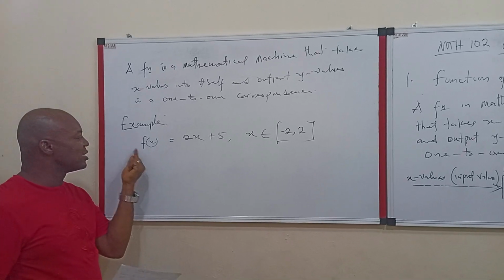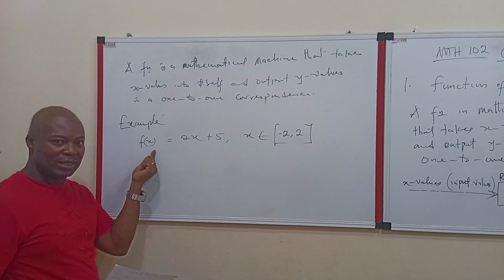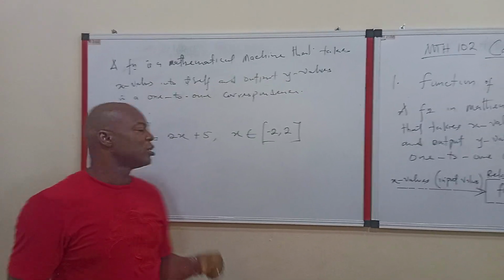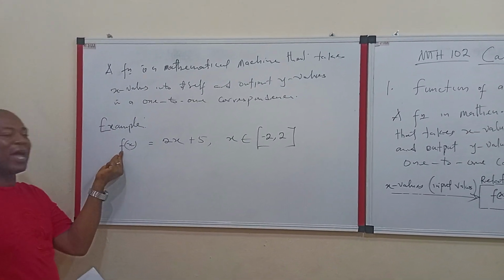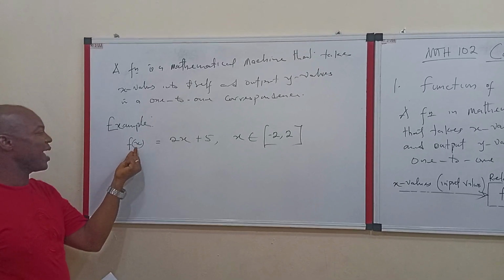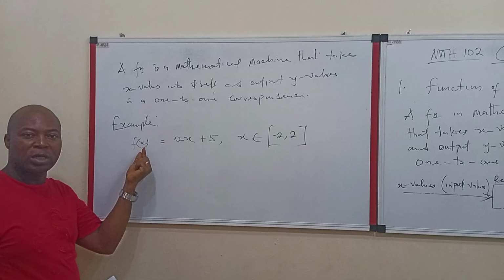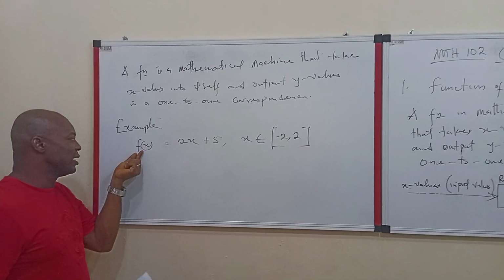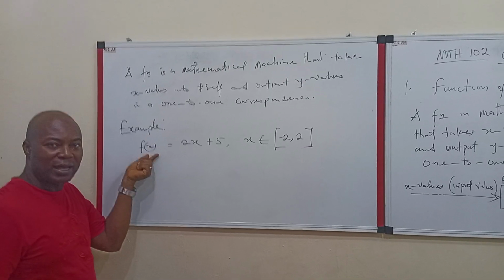Now, if f is dependent on x, meaning that x itself is independent. So f here is called the dependent variable, whereas x here is called the independent variable, which makes this a function of x.